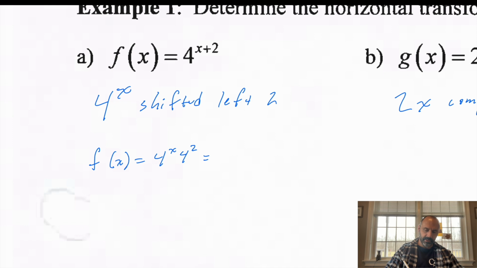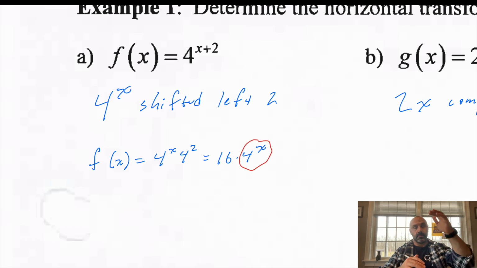So this would be the same thing as 16 times 4 to the x. Now, that would actually look like a different shift, right? That would be taking 4 to the x and expanding it by a factor of 16, a vertical expansion of a factor of 16, right?